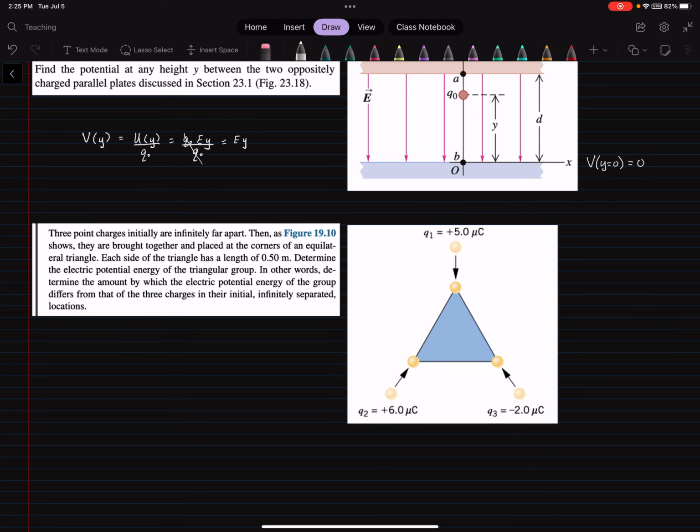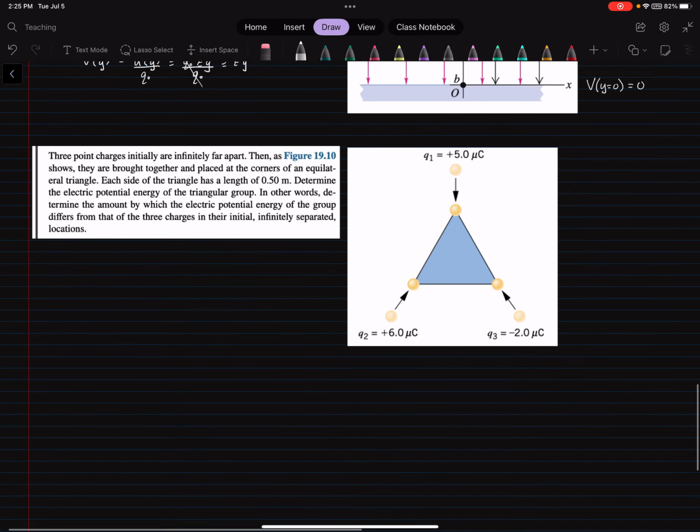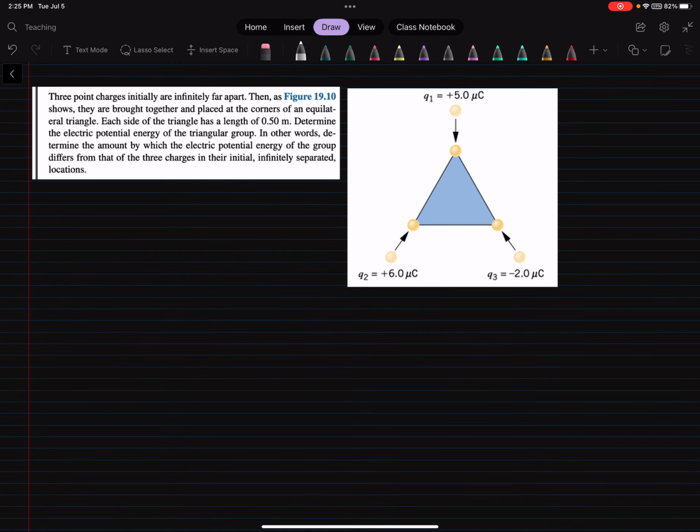We're going to consider them initially infinitely far apart. The reason is that if they're infinitely far apart, then that is at 0 potential. Infinity is a conceptually overwhelmingly large distance, so they are far out of range to have any interaction. They're not in each other's fields.